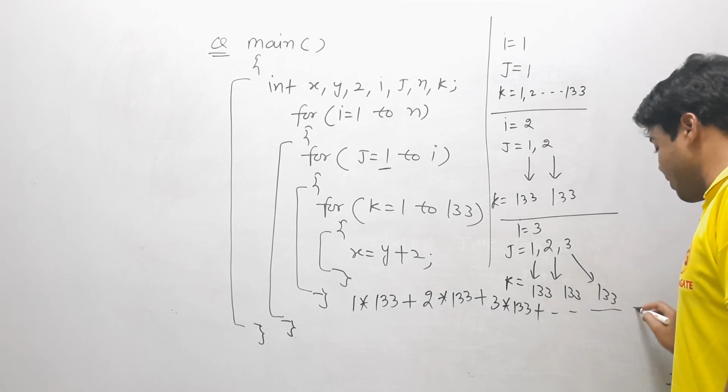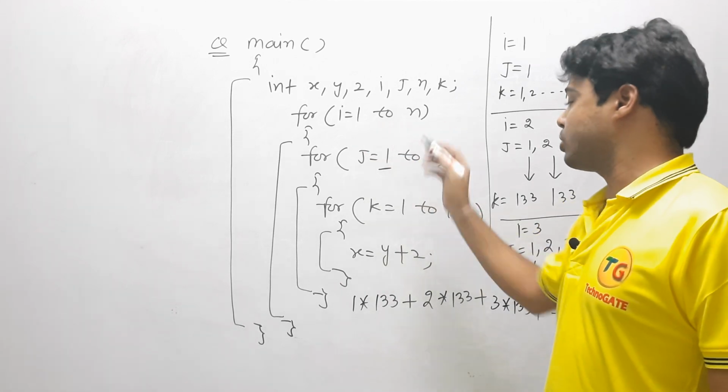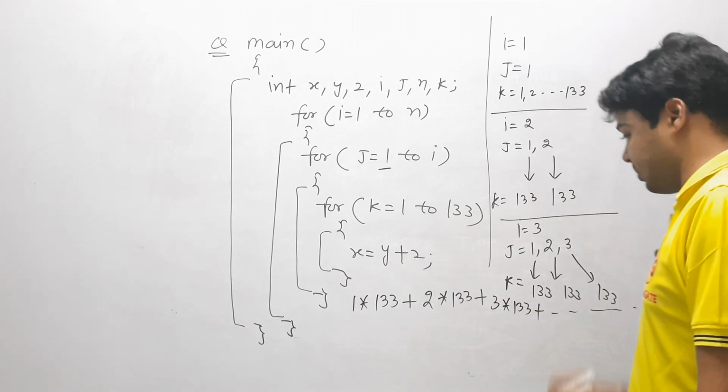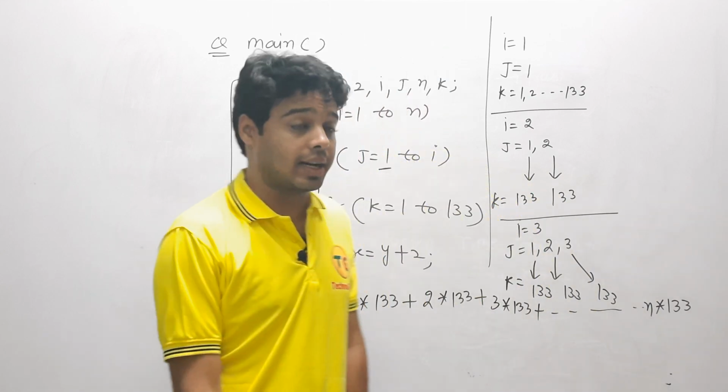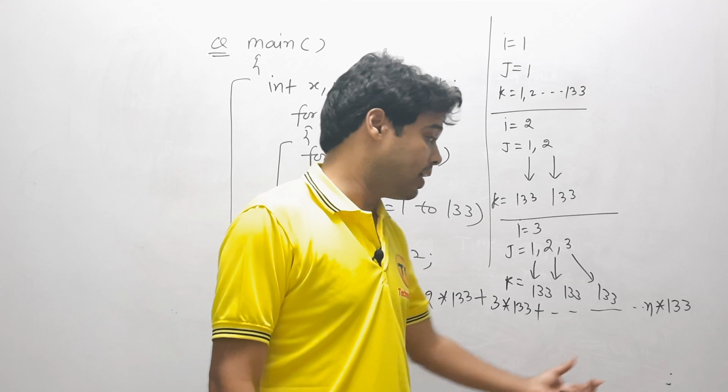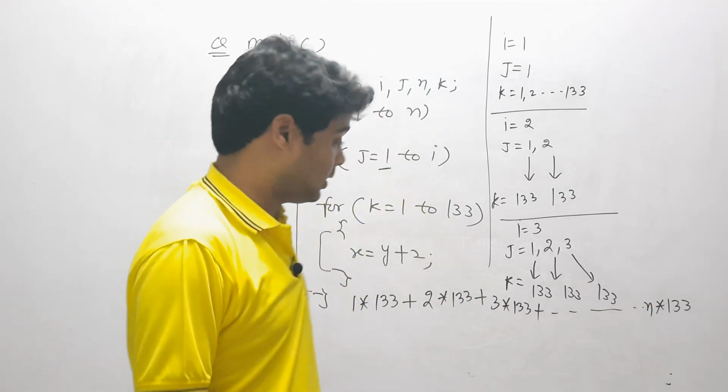The maximum value of i is n, so it is n into 133 times. So this is the expression it generates: 1 into 133, 2 into 133, 3 into 133, and it goes up to n into 133 times.